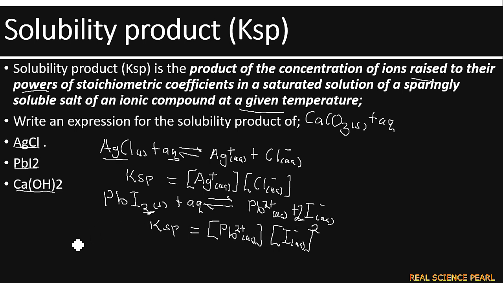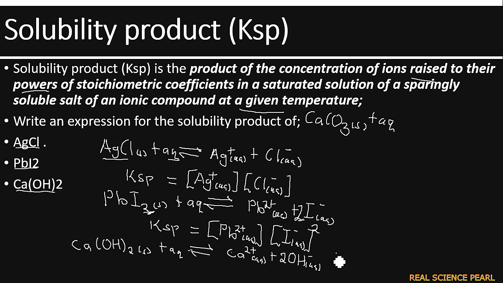Now for calcium hydroxide, it's going to be obvious. This is calcium hydroxide. Calcium hydroxide is also sparingly soluble. So in this topic, we don't regard anything to be 100% insoluble. We shall have calcium ions plus the hydroxide ions, but this side they are going to be 2.